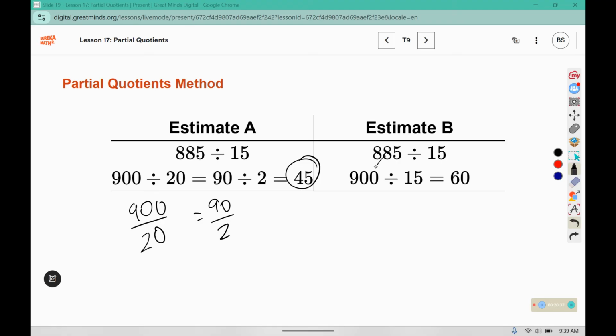You could also approximate this as 900 and leave it as 15. And 900 split into 15 parts is 60. So we know that our answer should be pretty close to 60 because 885 is pretty close to 900. So somewhere around these two approximations.